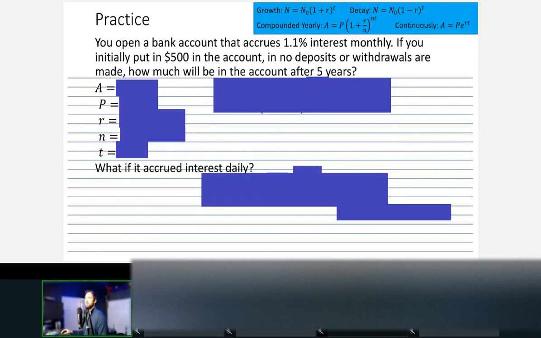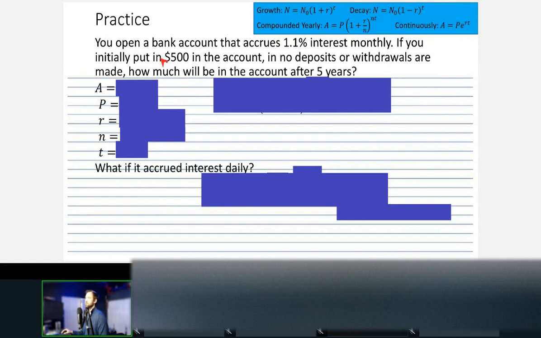All right, so now we've got two more formulas: compounded yearly and compounded continuously, along with our growth and decay. So you open a bank account that accrues 1.1% interest monthly.